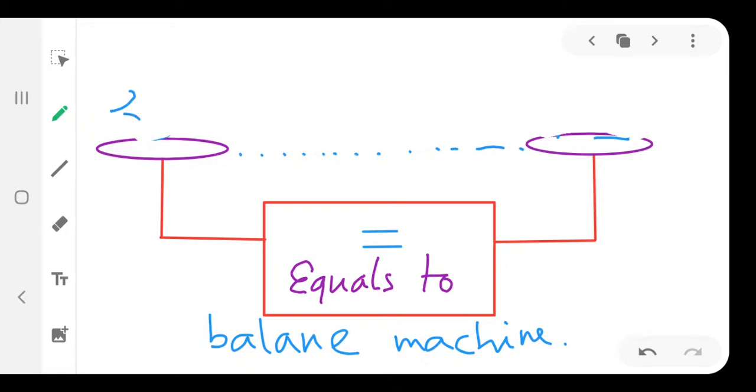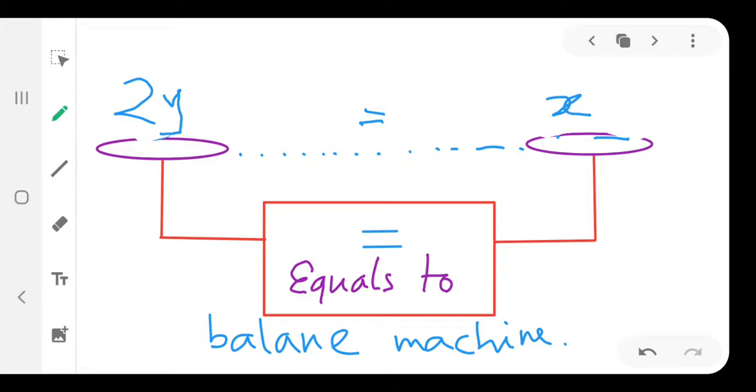Let us take that example only, Naman's and mine. Let us say I have taken twice as much as Naman. So this will be x and Naman's will be y, that is 2y. So what was the equation? The equation was 2y equal to x, right?